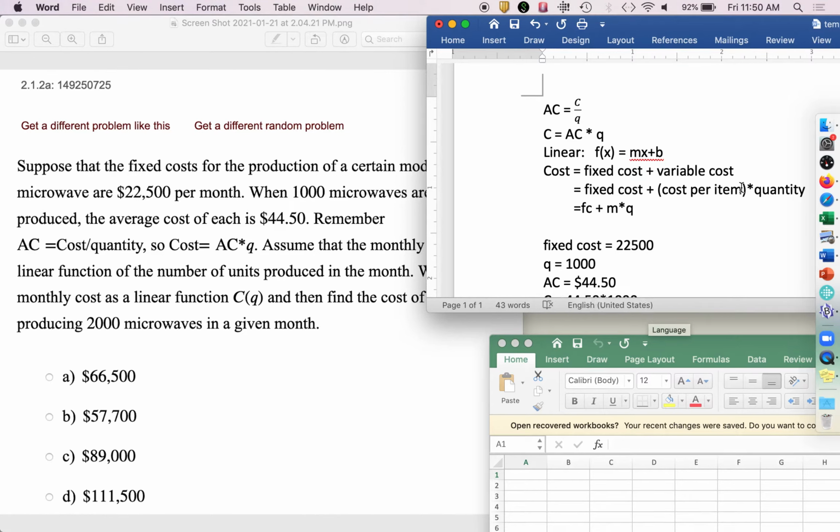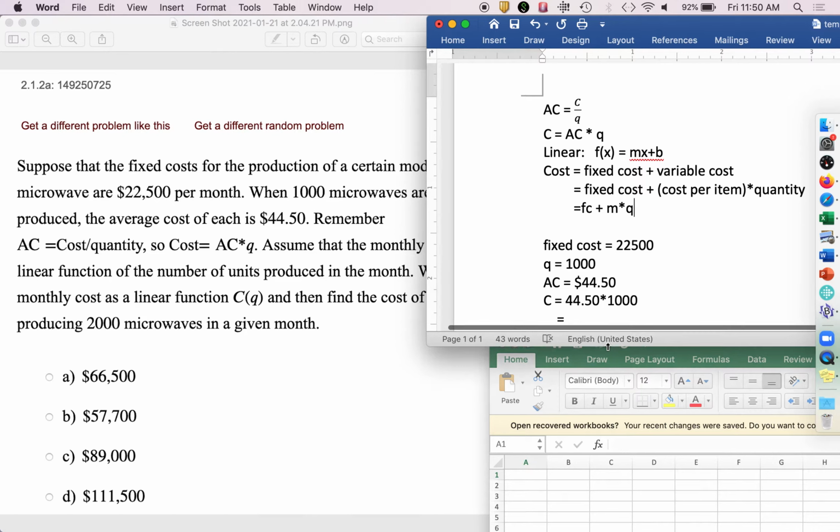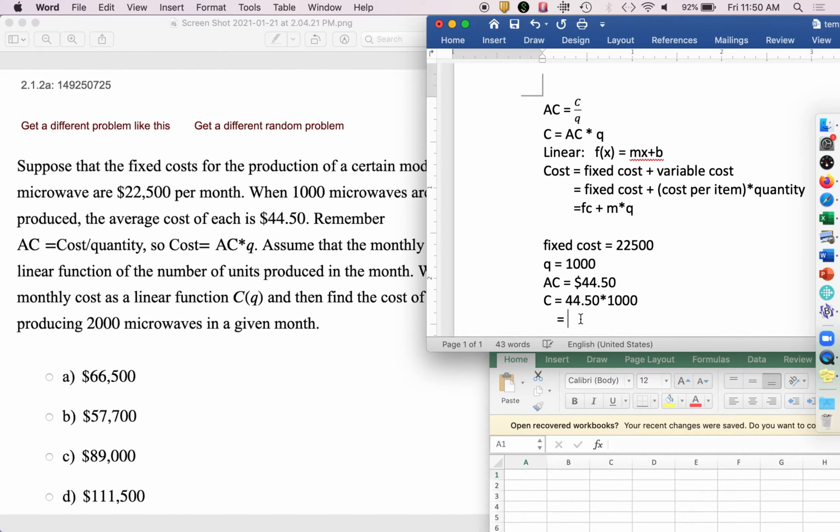So based on the fact that the cost is the average cost times the quantity, I can now say that the cost of producing 1,000 would be $44.50 times 1,000, which is 44,500. That's the total cost for producing 1,000.